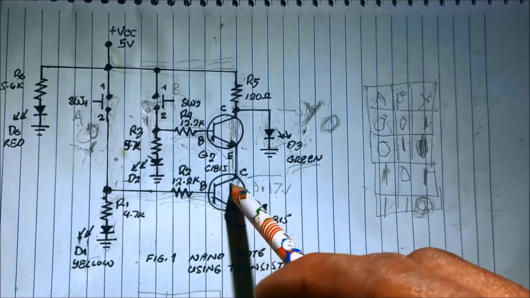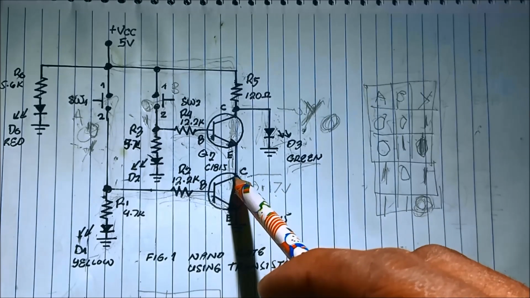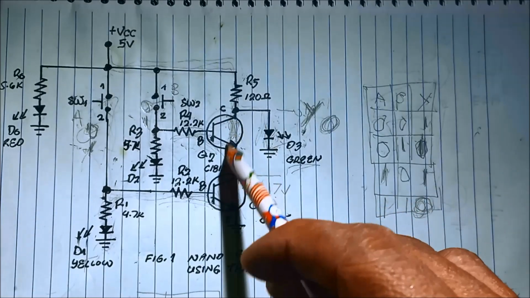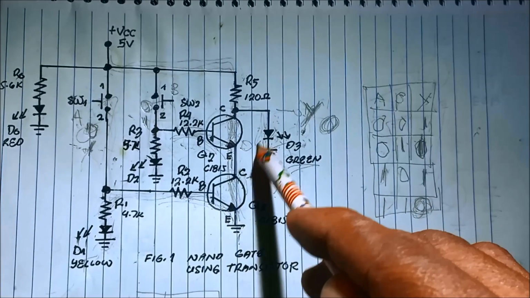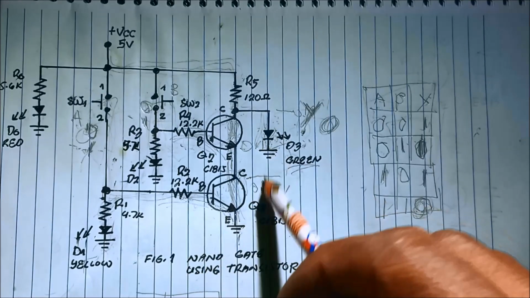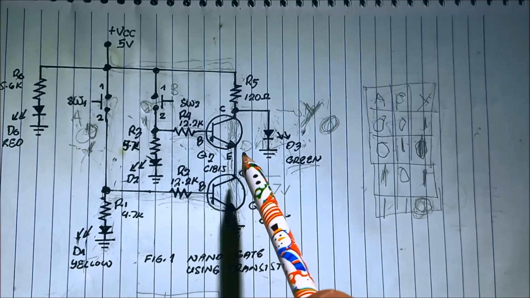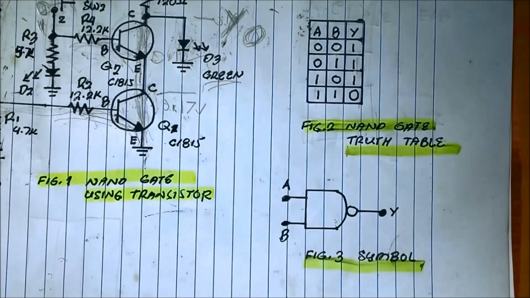It means it is saturated. It serves as a closed switch, also with this transistor, 0.17 volts, and it is fully turned on.